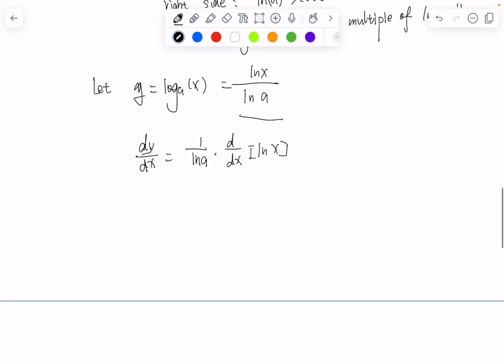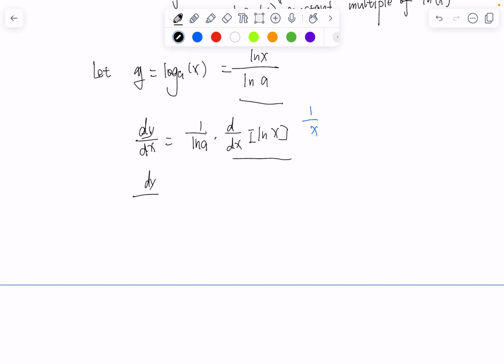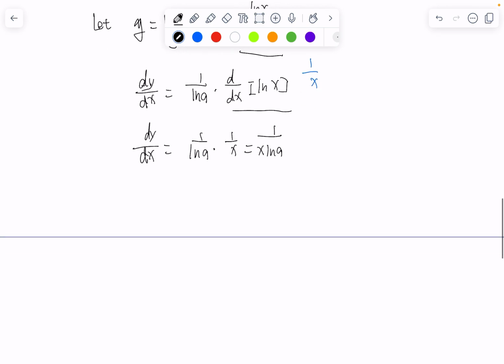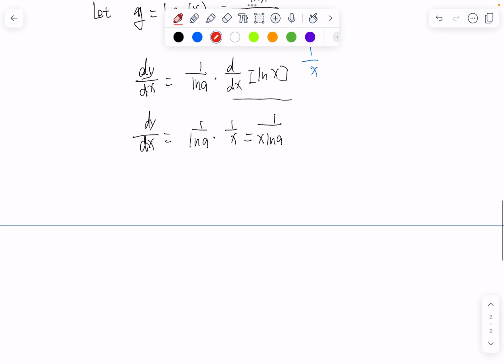We just learned from before that the derivative of ln x is 1 over x. And that's our general rule. You can take a note here, the general rule.